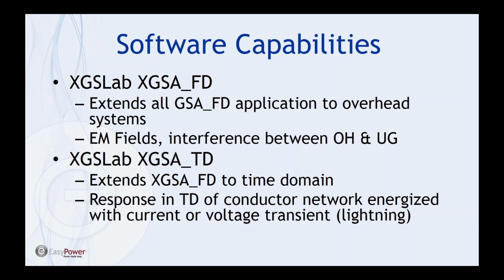So now, in addition to modeling the influence of your underground systems on things like pipelines, you can model the interaction of overhead or underground power lines on installations such as pipelines, railways, communication lines. You can calculate the effects of lightning and also the fault current distribution due to a lightning strike.